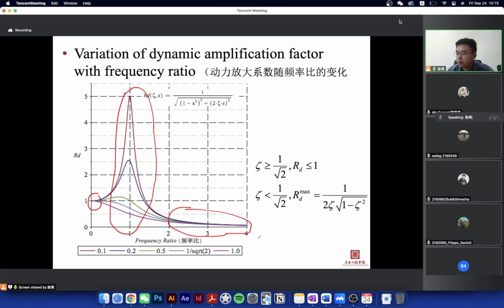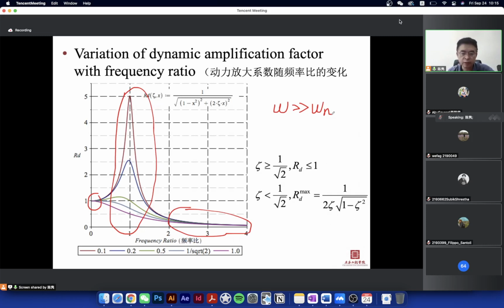Let me give you an example. If you have a dynamic load applied to the structure you're going to design, and you know the frequency of the load is larger than the natural frequency of the system, and now, as a designer, you are asked to reduce the dynamic deformation of the structure subjected to this loading, my question is, can you increase damping of the system to reduce this dynamic deformation?